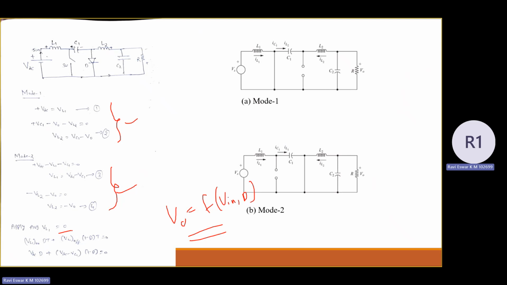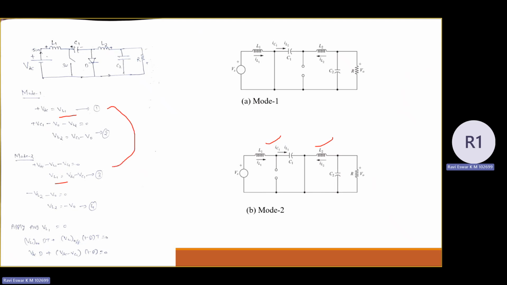In the previous cases, the buck converter, boost converter and buck-boost converter, there is a single inductor, so we applied average voltage across the inductor equal to 0 for that single inductor. But here, interestingly, there are two inductors, L1 and L2. We got the L1 equation for mode 1 and the L1 equation for mode 2.